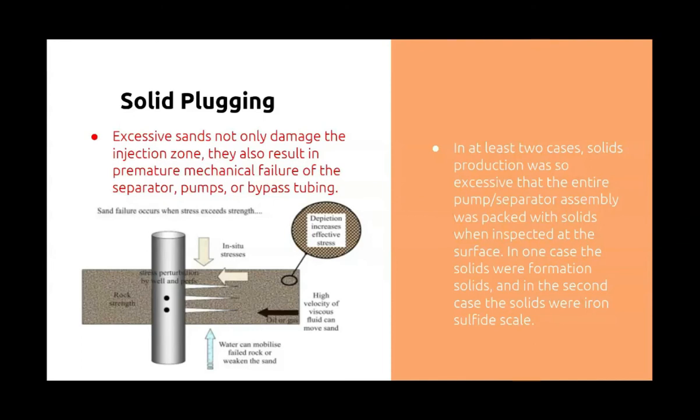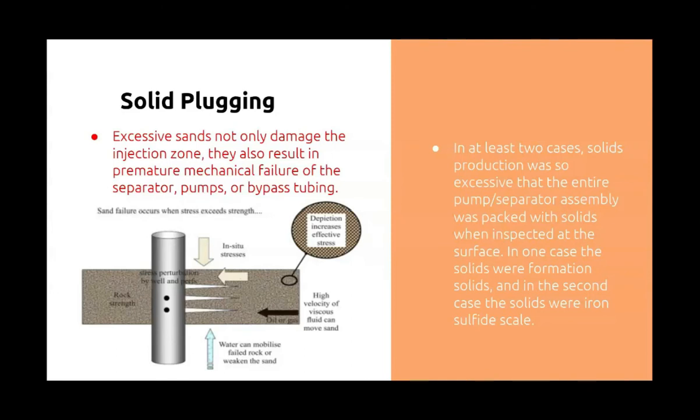Okay, the second problem that comes from the downhole separator technology is solid plugging. Excessive sand not only damages the injection zone, as in the previous point, it also results in premature mechanical failure of the separator pumps or bypass tubing.